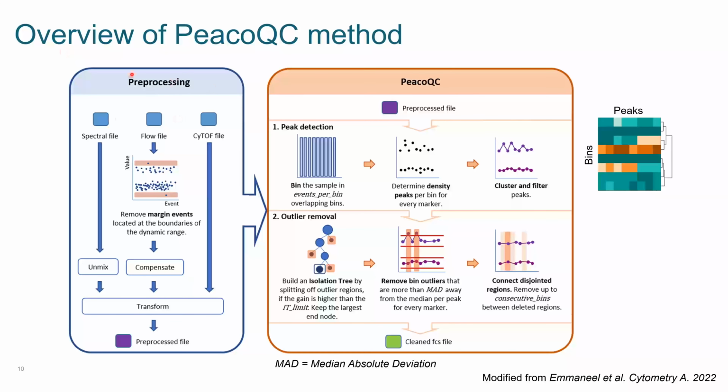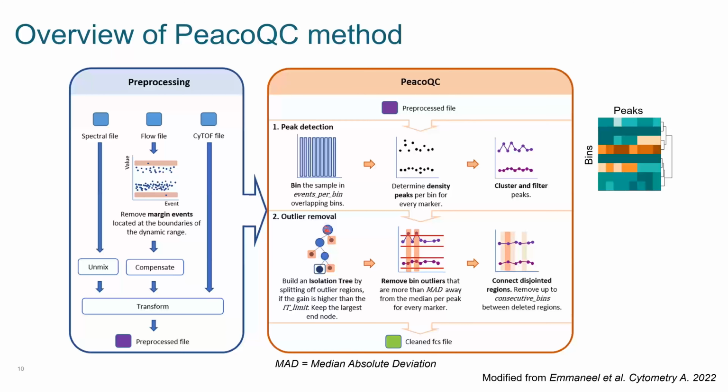So just to recap, you have your pre-processing, right, which is unique to every file type, but it ultimately consists of either margin removal, compensation, transformation. And then we take that file, it gets binned, density peaks are determined. Using a matrix, we cluster and group bins that are similar to one another, isolate the ones that are different from the rest of the bins.